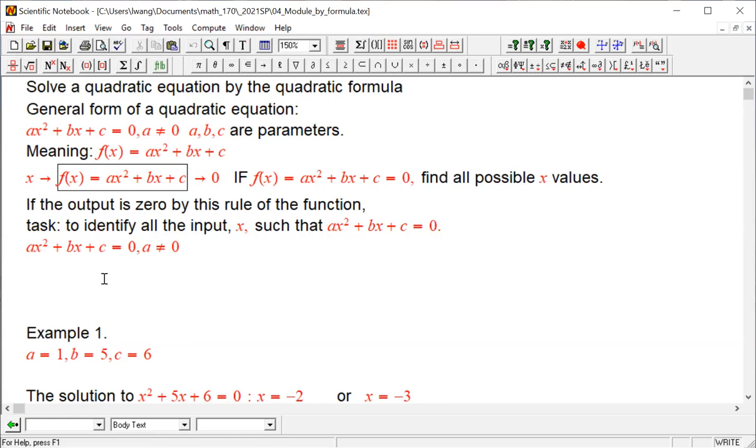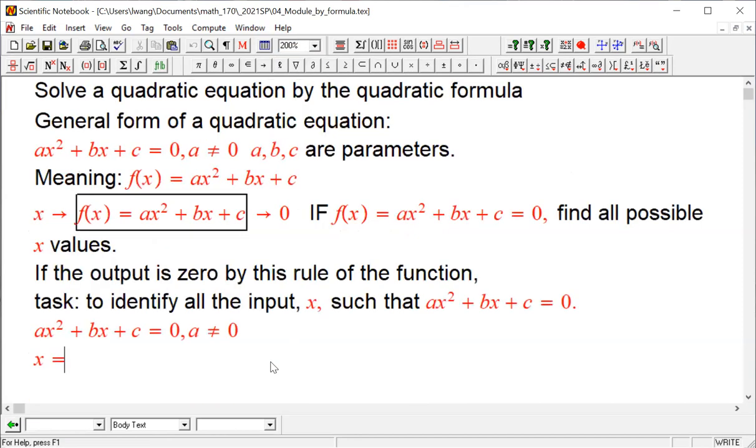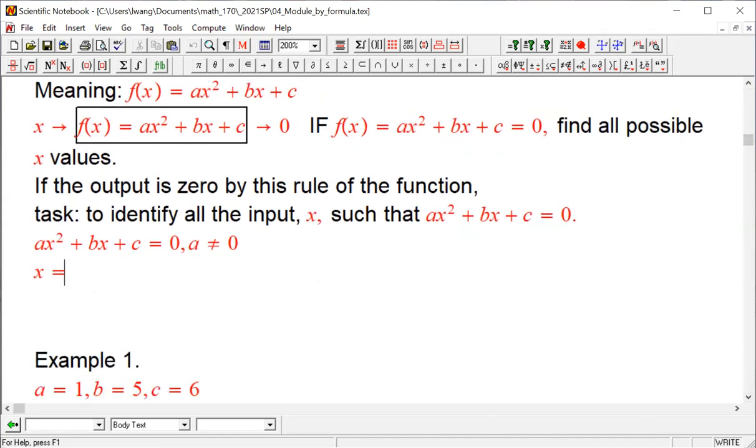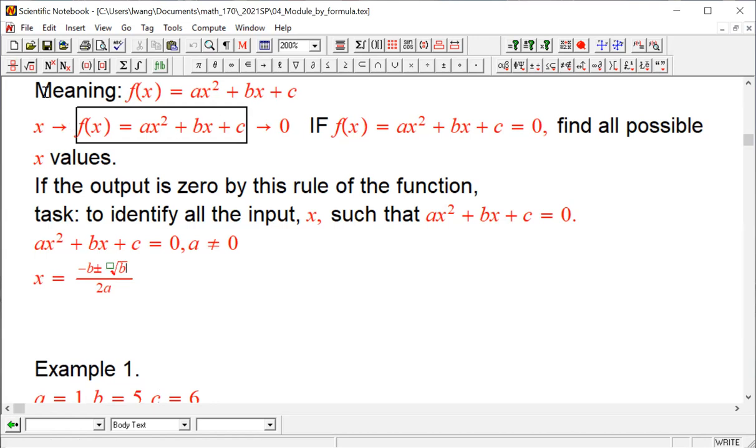Okay, quadratic formula is the following. Okay, so here we have x. I'm going to make the font just a little bit larger so we can see the signs well. So x is equal to, the denominator is 2a, and negative b plus or minus the square root of b squared minus 4ac.